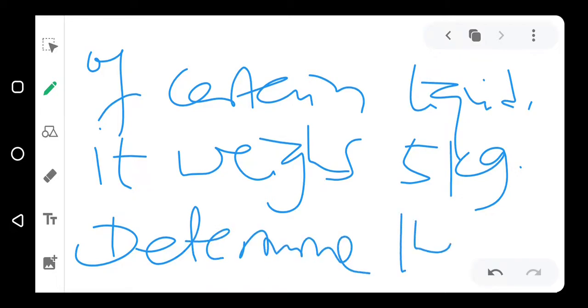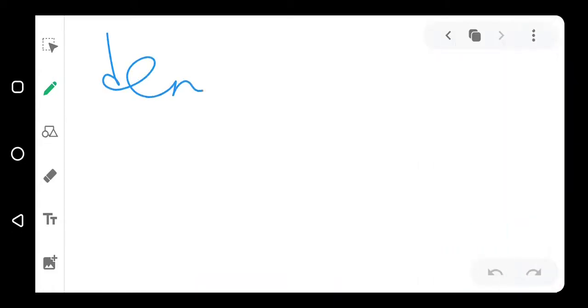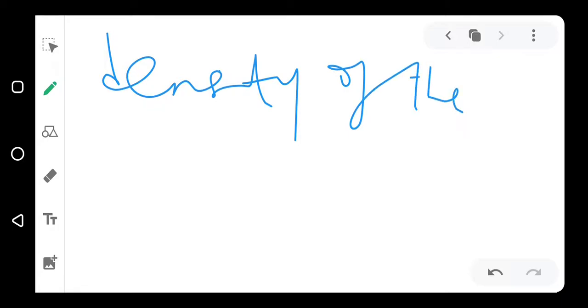Determine the density of the liquid. Solution.